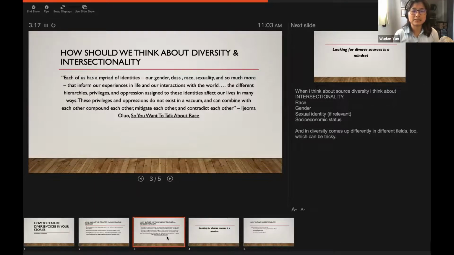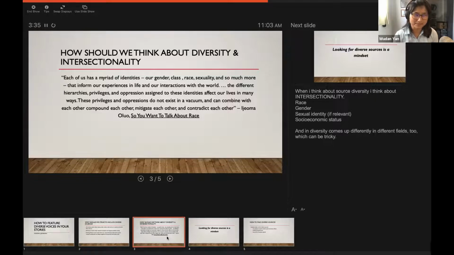And what this quote says is really fascinating is that these privileges and oppressions don't exist in a vacuum, and can compound each other, mitigate each other, cancel each other out, etc. And I think it's really important to think about all of this when considering what diversity is.